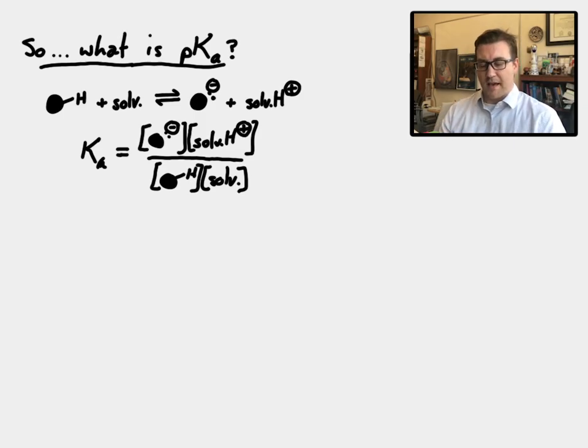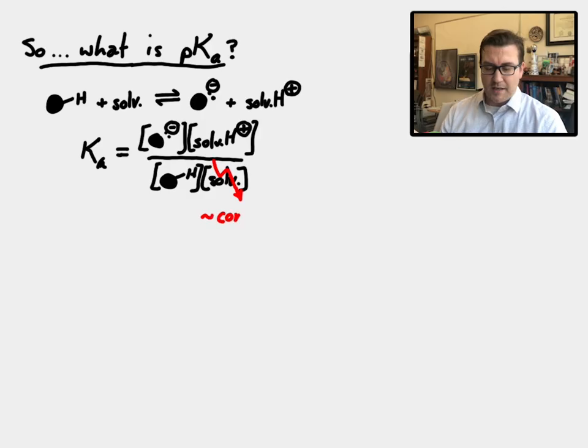So what is pKa? Again, you have this reaction where a proton is abstracted by solvent, giving you the conjugate base and now the conjugate acid, the protonated solvent. This is an equilibrium, and what the pKa is really telling you is what side this equilibrium lies on. We can put products over reactants and look at Ka as the equilibrium constant.